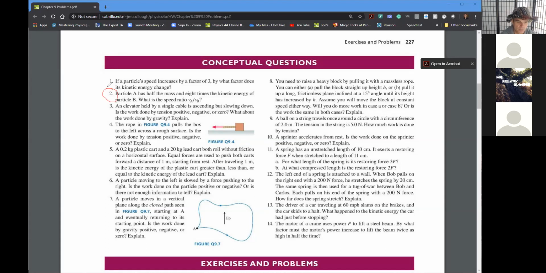So particle A has half the mass, and A has 8 times the kinetic energy. Let me stop this share and open up a whiteboard.